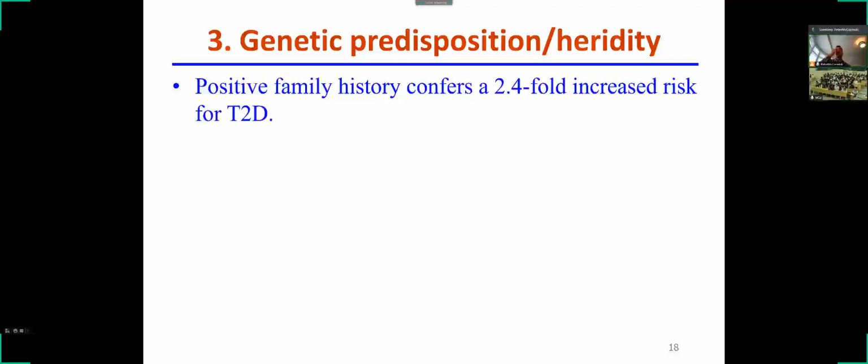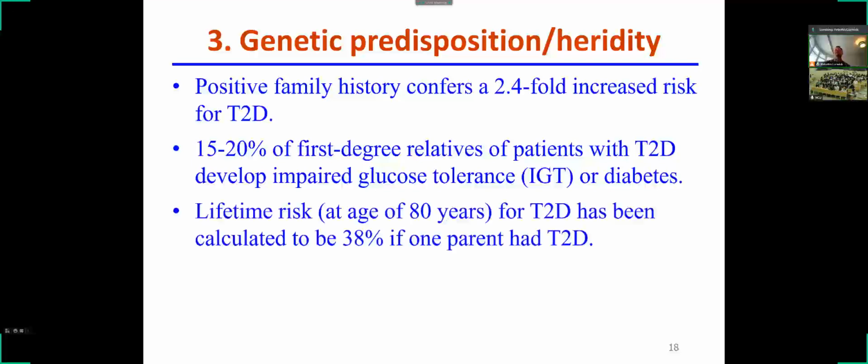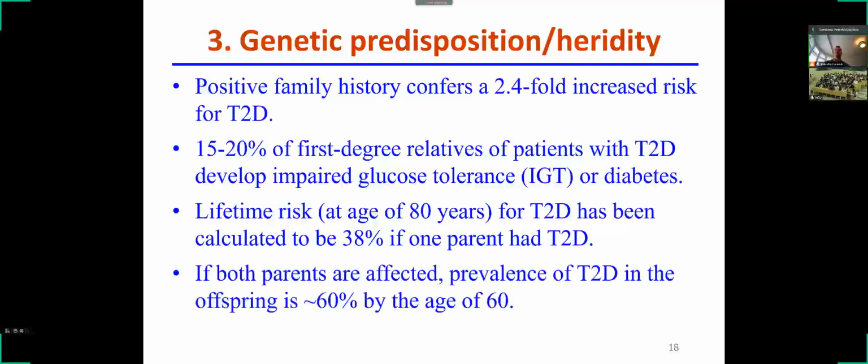Positive family history can confer a 2.5-fold increased risk for type 2 diabetes, with 15 to 20% of first-degree relatives of patients with type 2 diabetes developing impaired glucose tolerance, IGT, or diabetes. The lifetime risk at age 80 for type 2 diabetes has been calculated to be 40% if one parent had type 2 diabetes. If both parents are affected, the prevalence of type 2 diabetes in the offspring is around 60% by the age of 60.